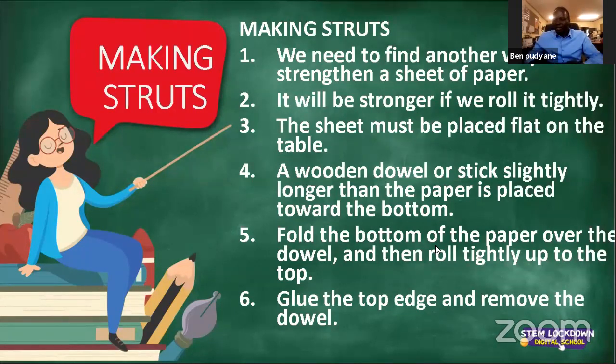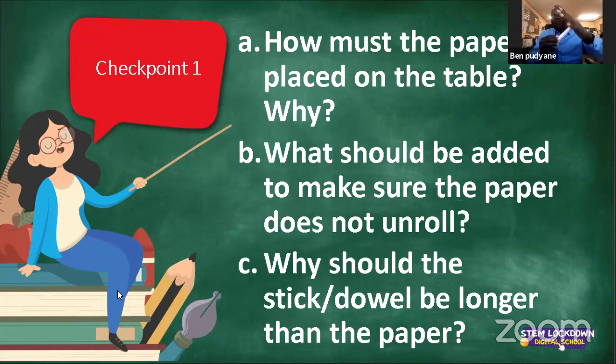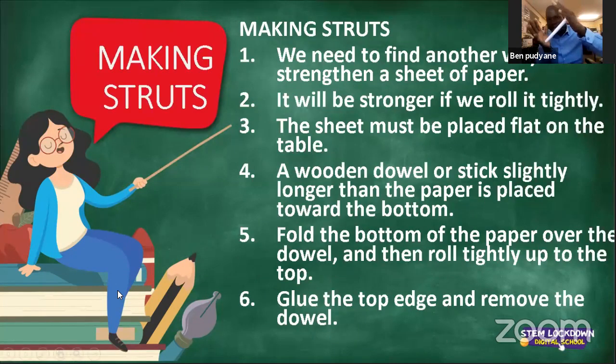So we are finished with our struct. Remember, a struct is a member of a structure that is able to take the compression force. If you press it together like that, then it is able to stand the pressure.